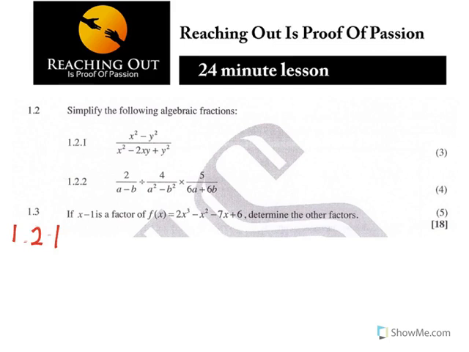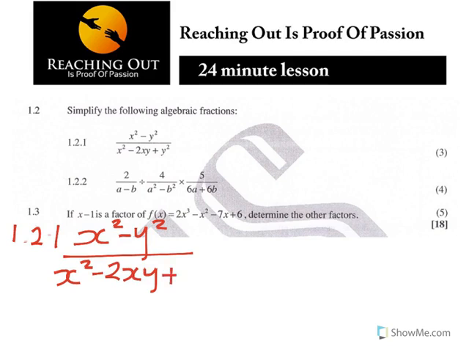1.2.1. Now it says x squared minus y squared over x squared minus 2xy plus y squared, which is equal to, again, if you study this carefully, you can see that the top, which is the numerator, is a difference of two squares, and the bottom, which is the denominator, you can also factorize using the same method of product and sum that we just described in the previous question.